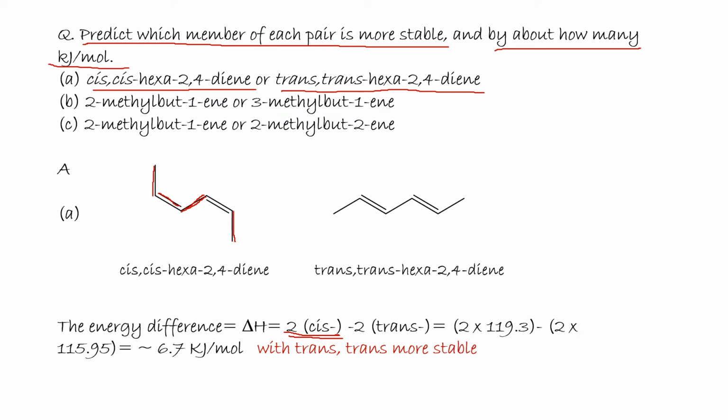Here we have two trans for this double bond, and for that double bond again trans. So we have two cis, two trans, 2 times 119.3 minus 2 times 115.95, difference about 7 kilojoule per mole for the trans more stable.